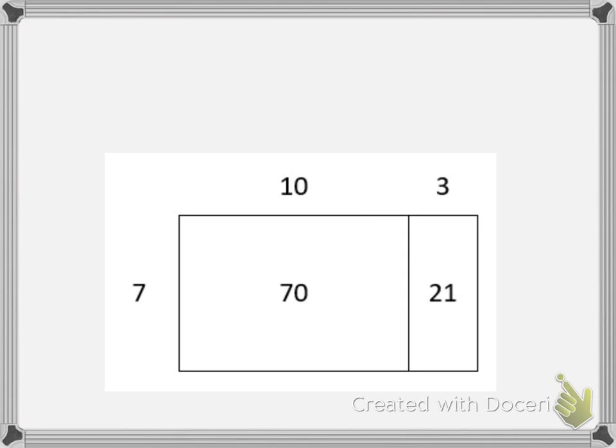This is already completed, so I wanted to show you how they did this. And if we look at our area inside, this is a 70 and this is a 21. And what we need to do is join these two back together.